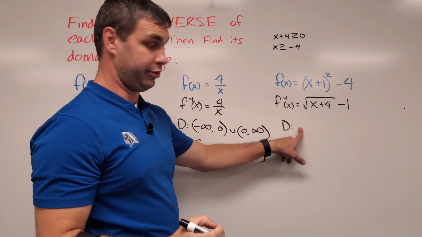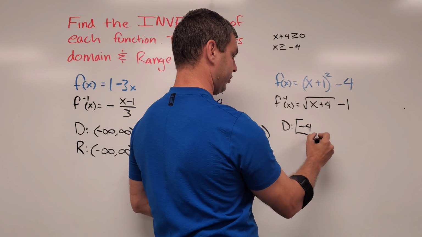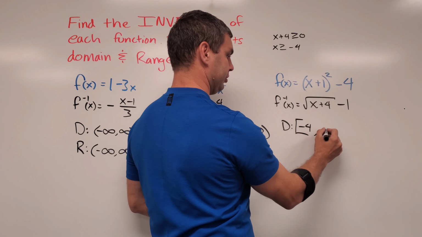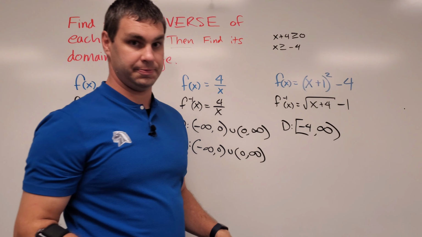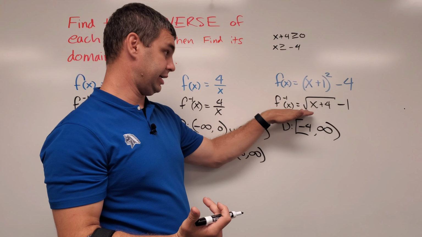And so the domain that I would write for this is going to be, it's including the negative 4, so bracket negative 4 to positive infinity. Anything bigger, anything greater would also work. All right, that's the domain of my black function there, or the inverse.